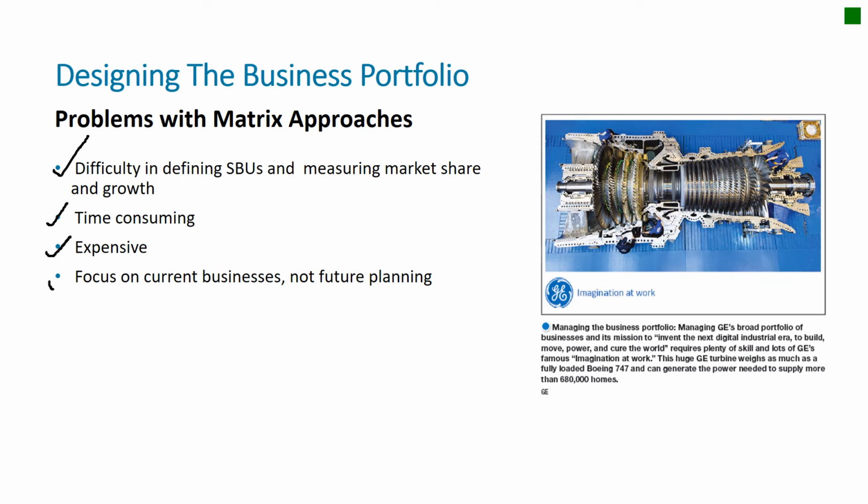And fourth is focus on current businesses, not future planning. To use the BCG growth matrix, it is only looking at the current business portfolio and not the future planning of businesses.